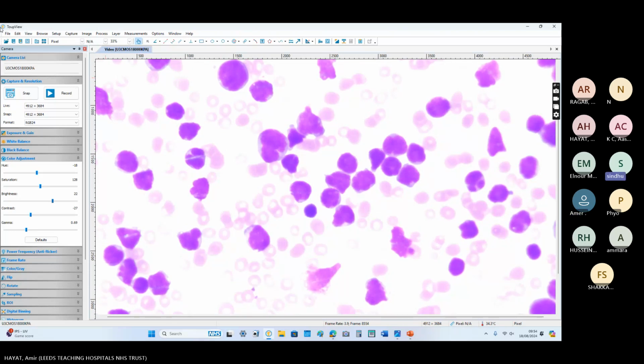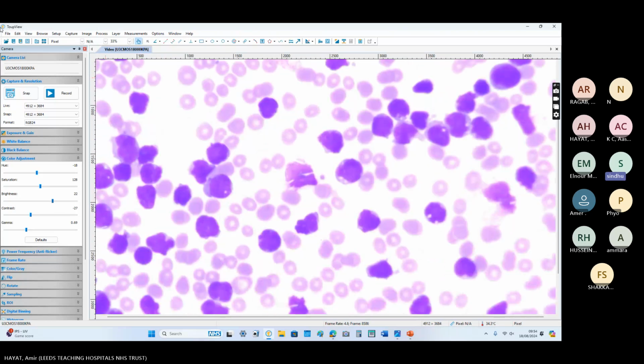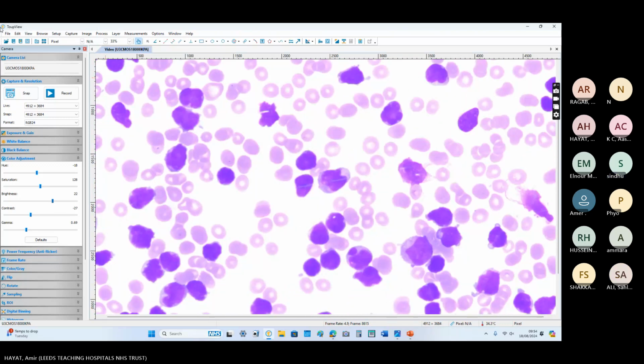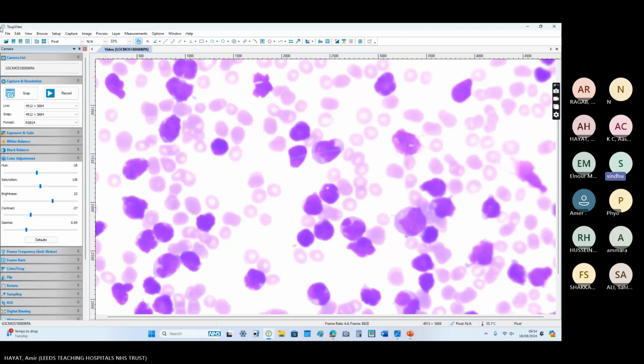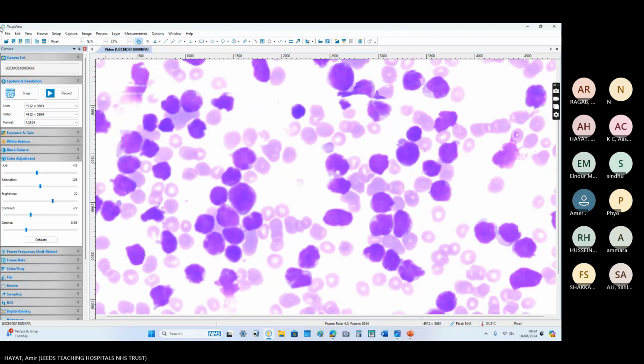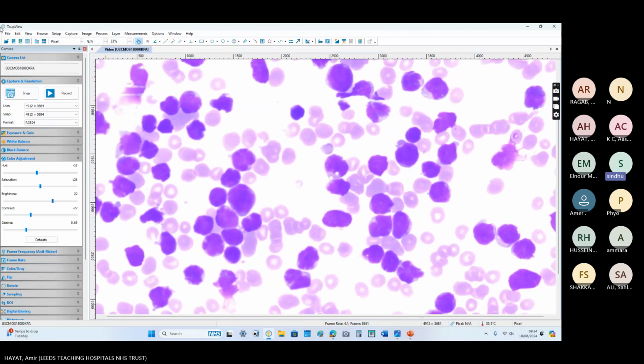So further investigations are required to confirm the diagnosis, like bone marrow aspiration biopsy, FISH or cytogenetics, or PML-RARA, and flow cytometry to confirm the acute leukemia.